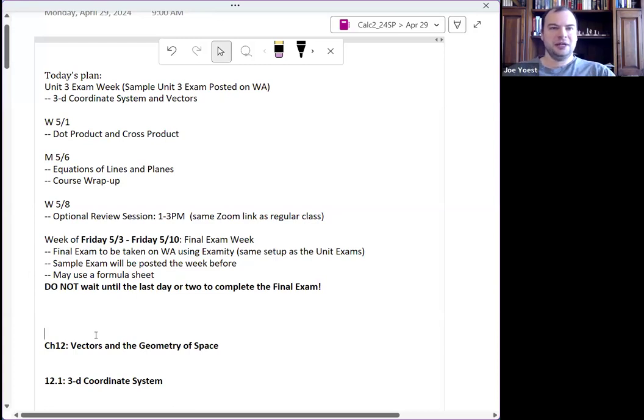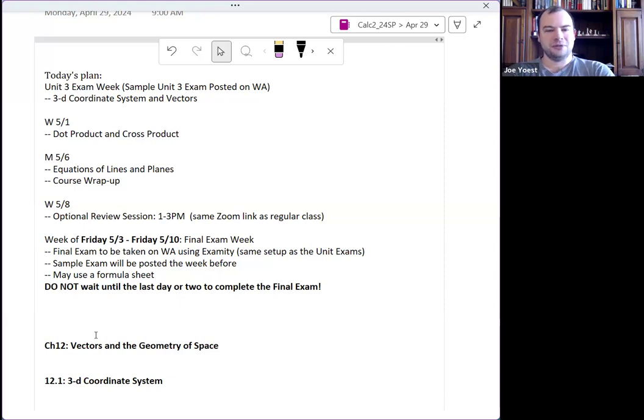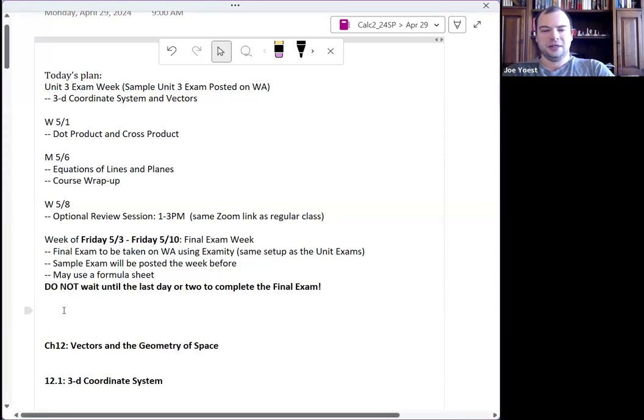So you can use one standard, roughly printer paper size sheet of paper, front and back, with any formulas, notes, anything like that that you might want on it. You can also use, if you want to print off that workflow testing sheet or anything like that, basically whatever you want on the front and back of one piece of paper.